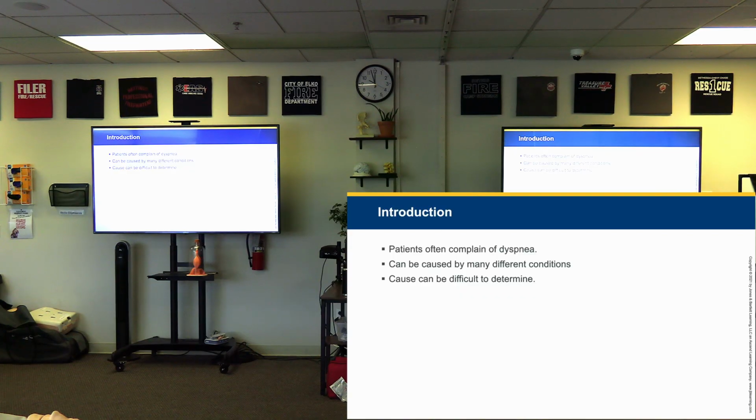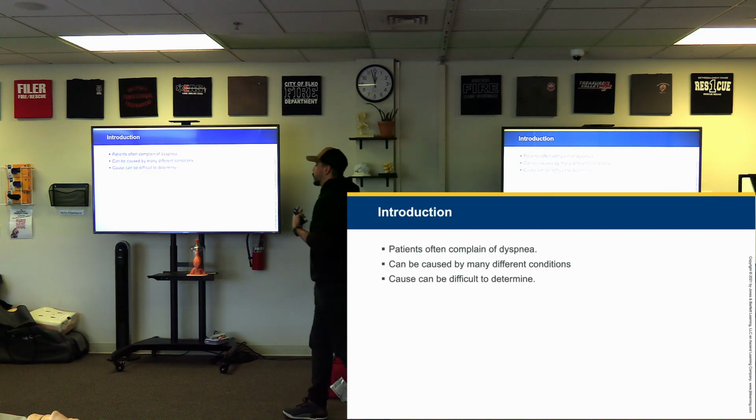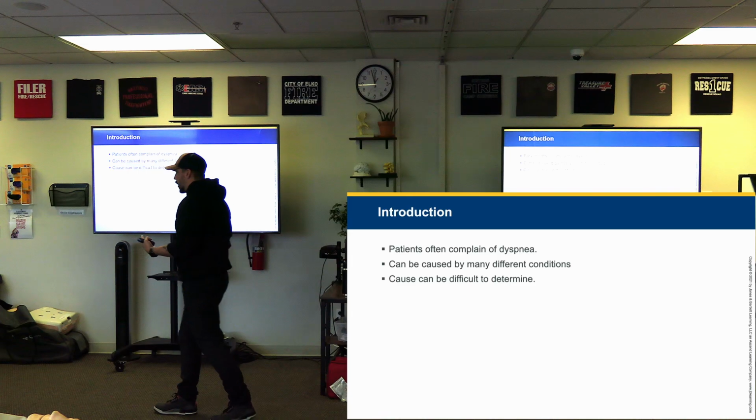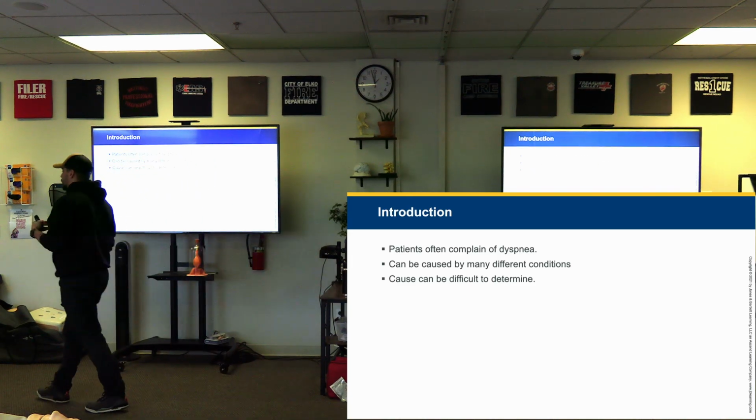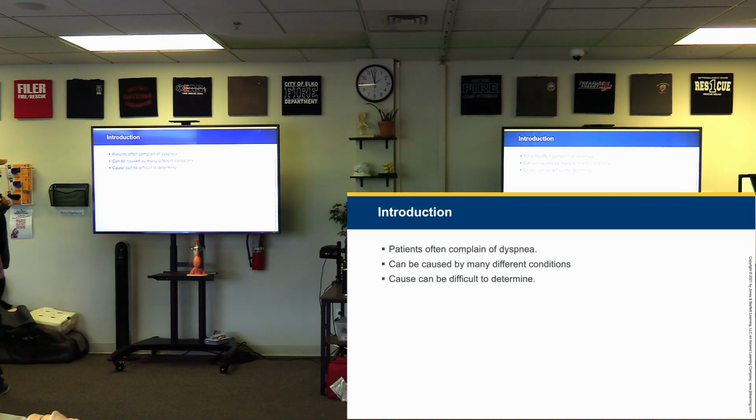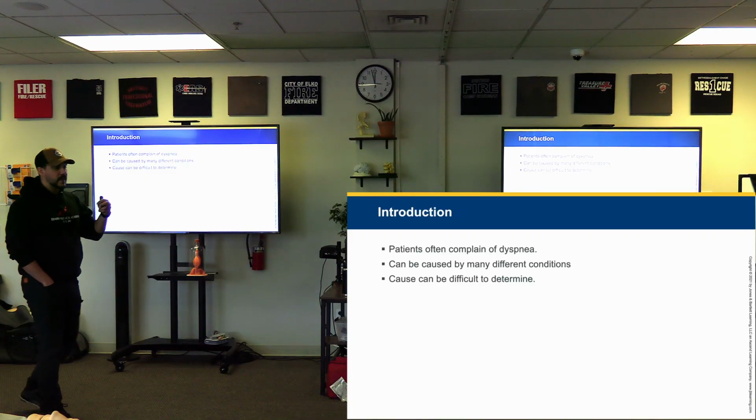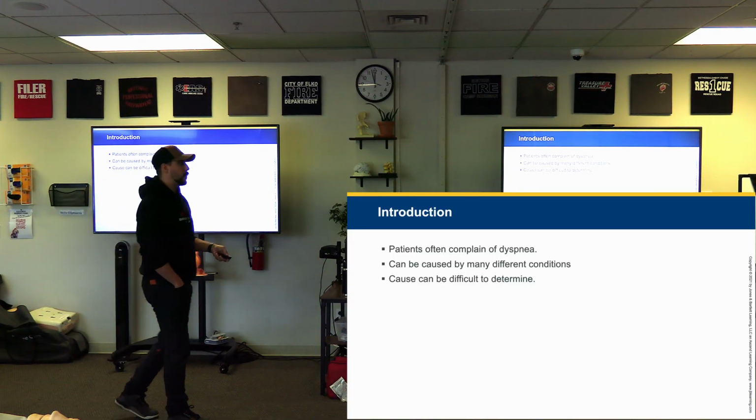And on top of it, because a lot of them look the same and we're very limited with what we have out in the field to use for ourselves, it can be pretty hard to determine it. Right? It can be difficult to determine what is going on, which is where we have to do a really good job of reading the physical signs, reading the symptoms from the patient, and starting to make an educated guess, right? Now, not so much a guess as an educated assumption about what's happening.